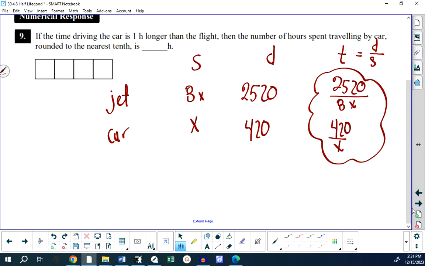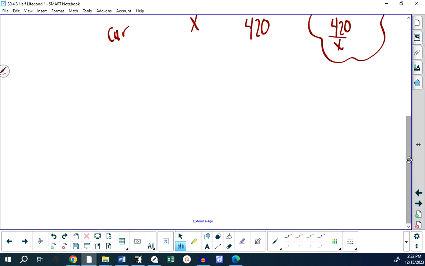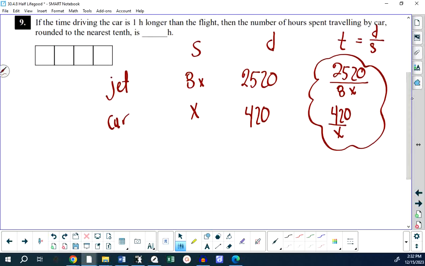And it seems as though it shouldn't be difficult, but let me just throw something your way. Clearly the difference between these two times is an hour, because it says it takes an hour longer. And the first time I taught this, first, second, I'm going to leave it as this so I don't confuse people.